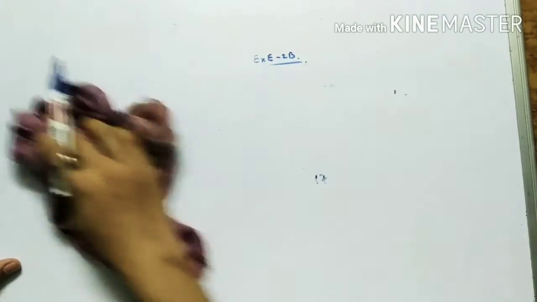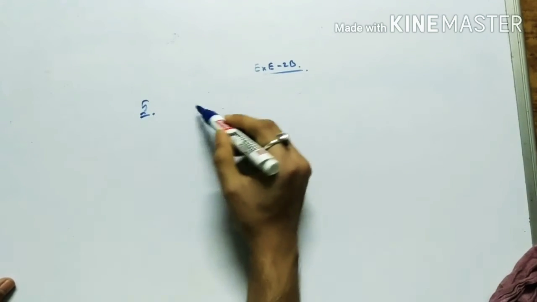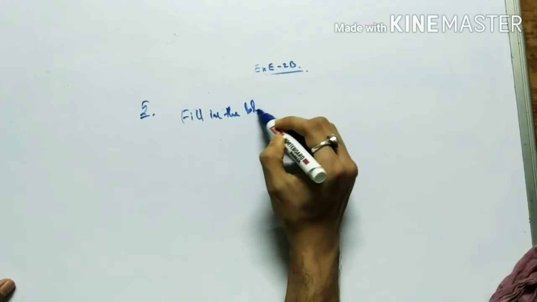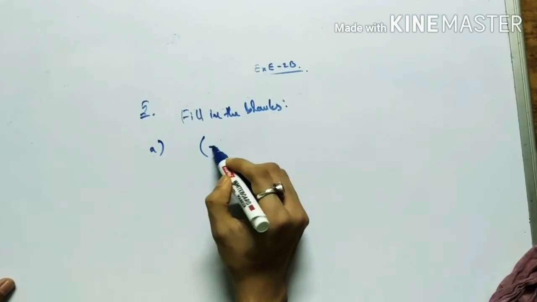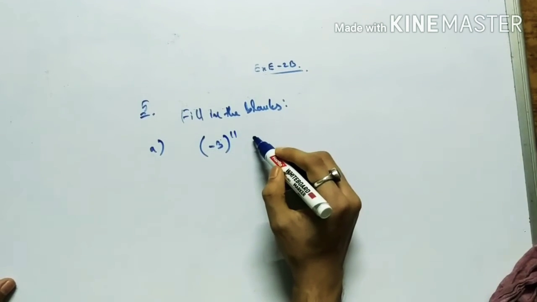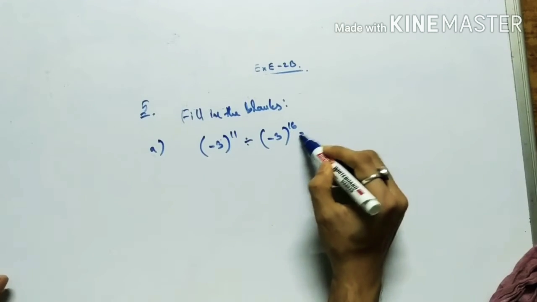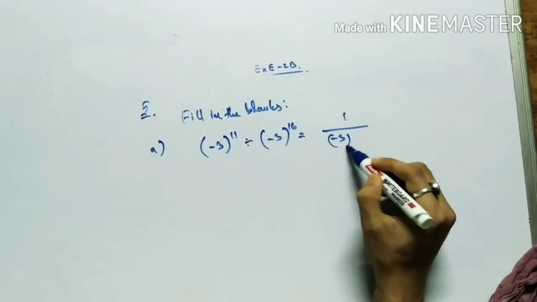Now you see type 5. Type 5 here is saying fill in the blanks. Number A: minus 3 to the power 11 divided by minus 3 to the power 16 equals 1 by minus 3 to the power dash.